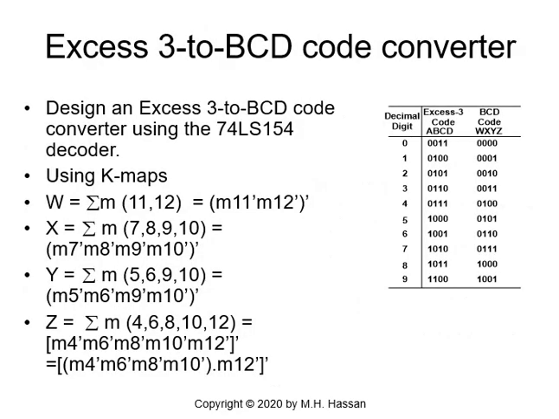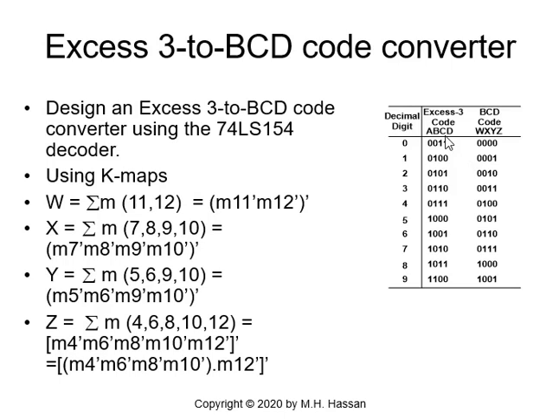The next example is that we would like to implement an XS3 to BCD code converter. We have the truth table, with the decimal digits 0 to 9, then we have the XS3 code ABCD, which goes from 0011 to 1100, which is 9, and the BCD code. We are converting XS3.